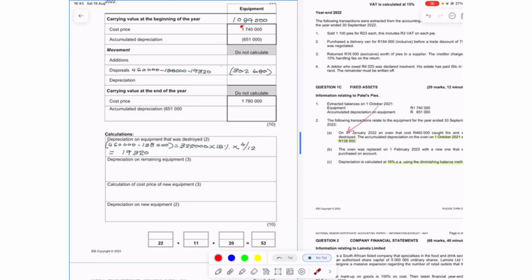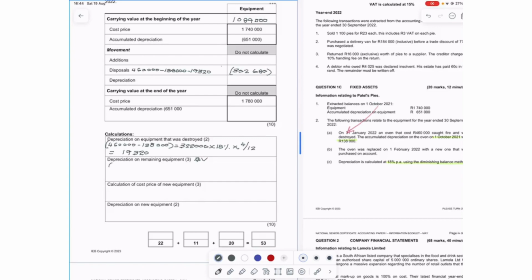So we had that value at the beginning of the year, but then we disposed of this oven, or it was destroyed in the fire. Because it's on the diminishing balance method, we need to first of all establish the book value of this remaining equipment. So the calculation, let's do it slowly so that we fully understand where we're getting the figures from.